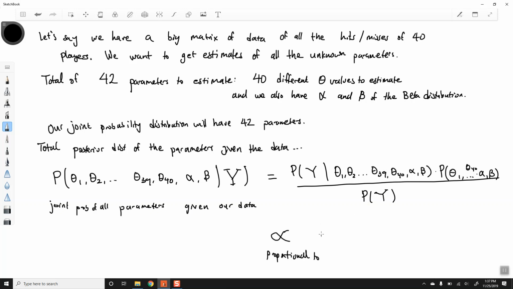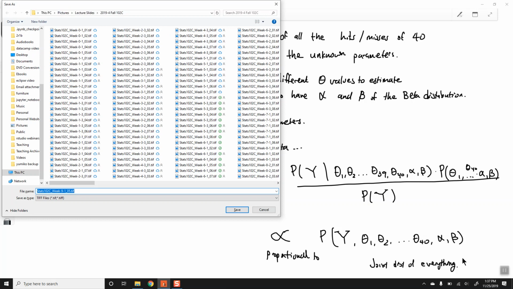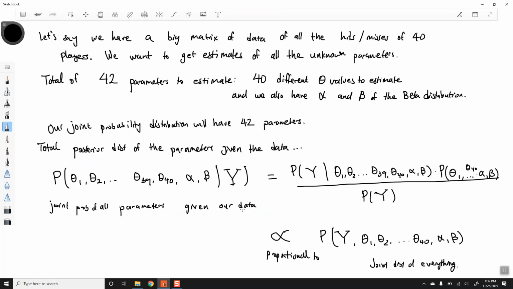So if I multiply these together, that'll be proportional to the numerator, which is the joint distribution of everything, right? Okay, so let me just factor that out.